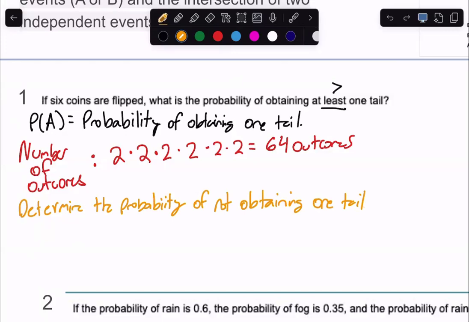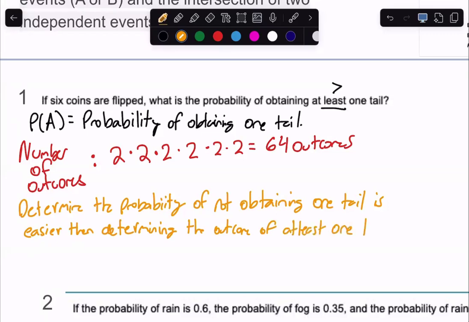So we determine the outcome of at least one tail.